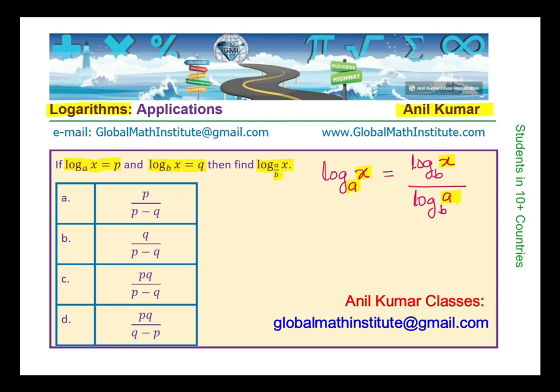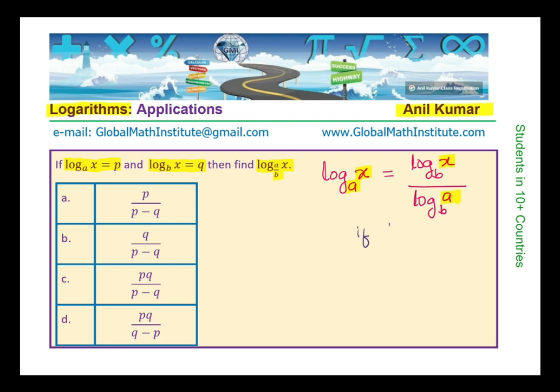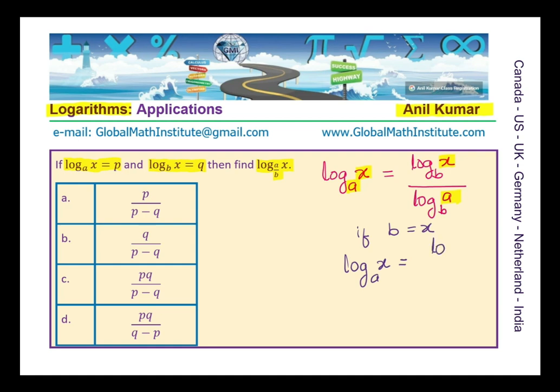Now here there is a very interesting thing, and that is if I change the base to x itself. If I change the base to x itself, that is, let's say base b is x, then what happens? If base is x, then we could actually write log of a to the base x... log of x of x over log of x of a.